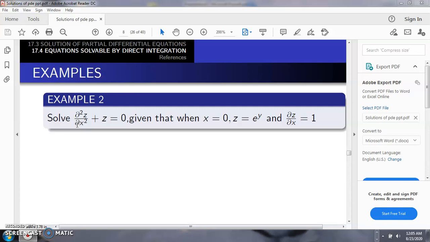If z is a function of x alone, then the ordinary derivative and partial derivative are the same.